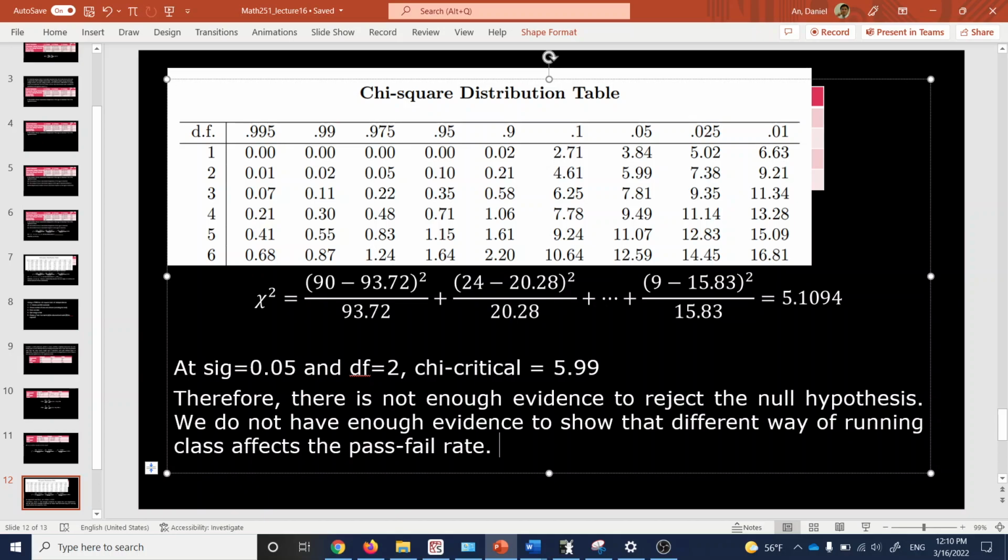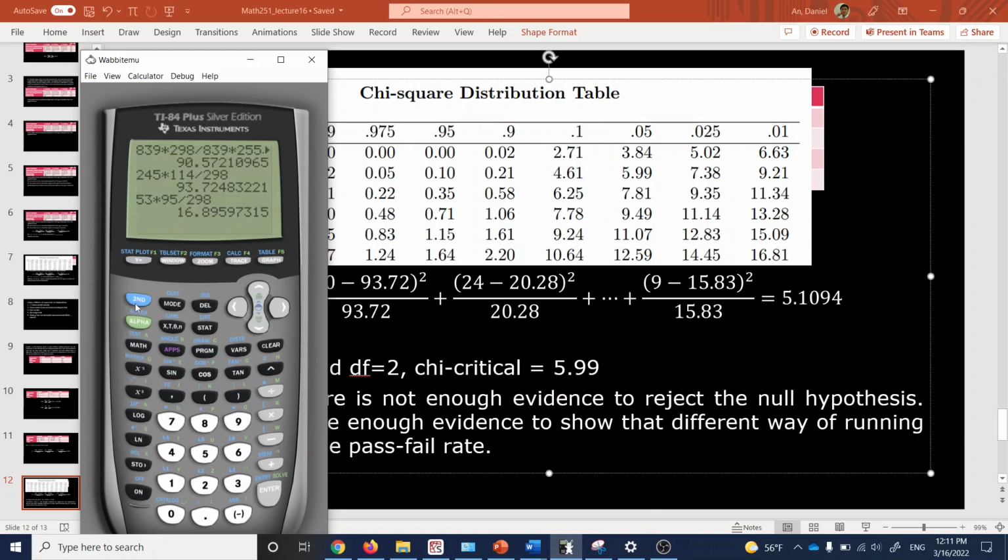Whereas if you want the p-value, you take the test statistic and plug it into the CDF function. So there is a chi-square CDF that you can also use. Maybe I should show that as well. If you want the p-value, this is what you can do.